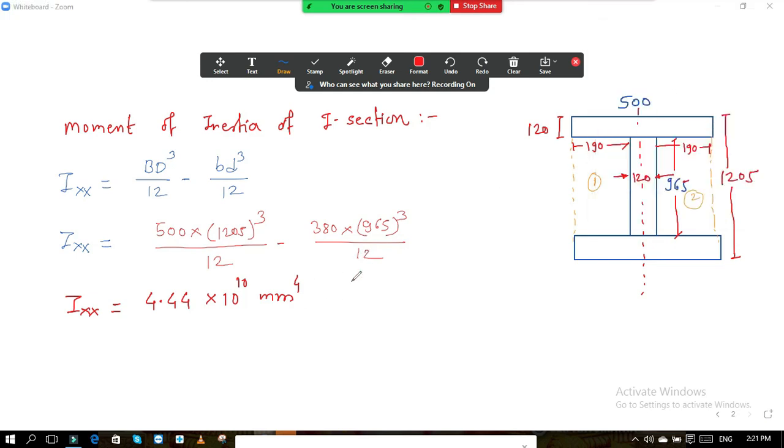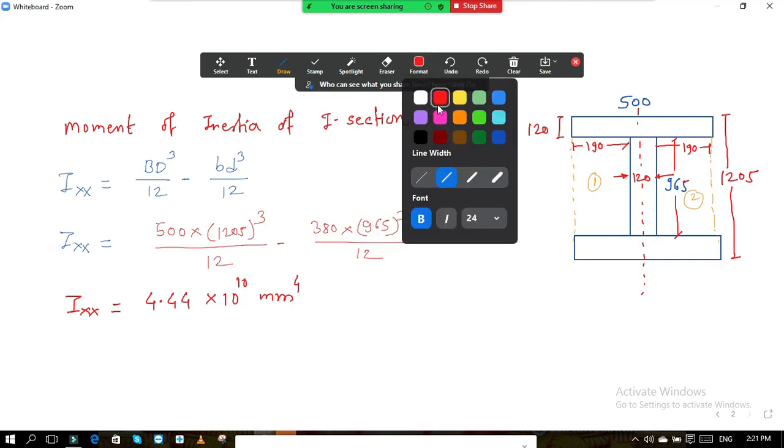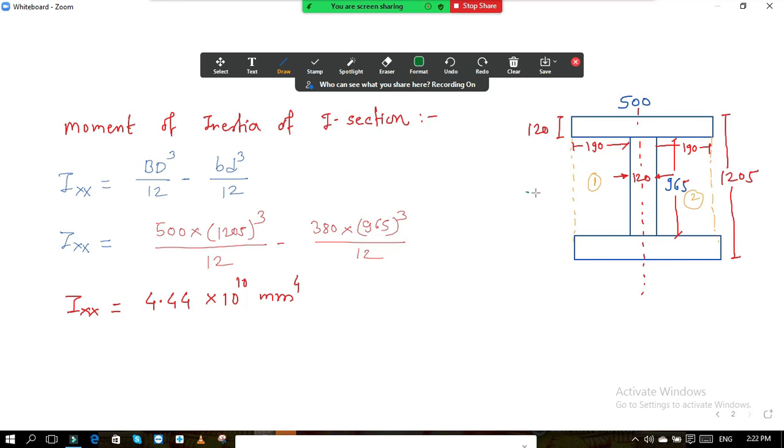So now we will calculate the Z as it is symmetric. Now this is the symmetric section. If I draw the neutral axis in a different color, this is our neutral axis. This is the line of neutral axis. Due to symmetry, you can see the distance to the topmost fiber and the bottommost fiber will be equal.